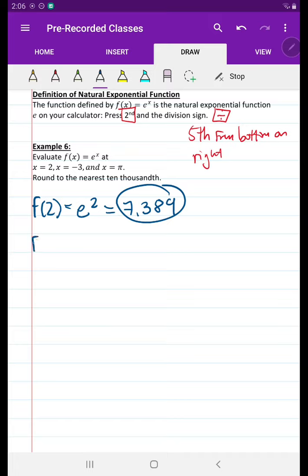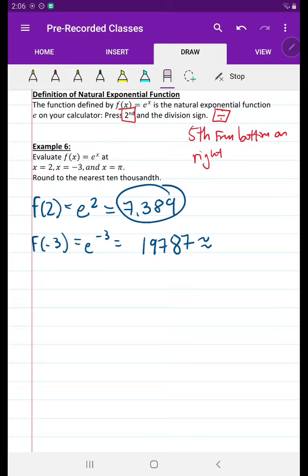Then I'll do f of -3, which will be e to the -3. Same thing, you can just punch this in using your calculator. When you use your negative, make sure you use the negative on the lower right of the calculator. And we're going to get 0.049787.